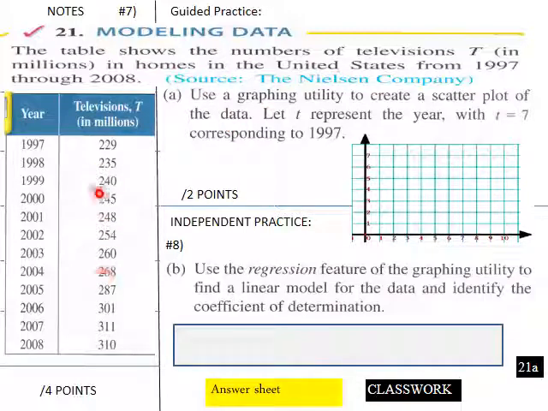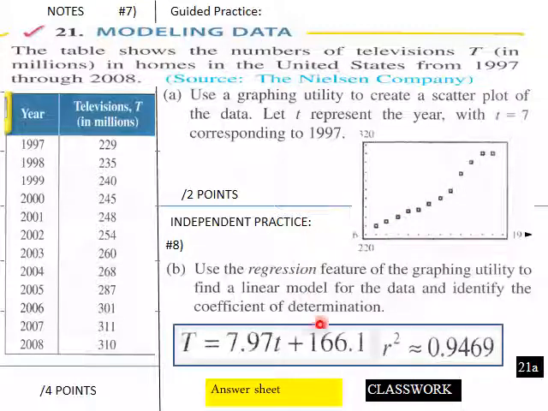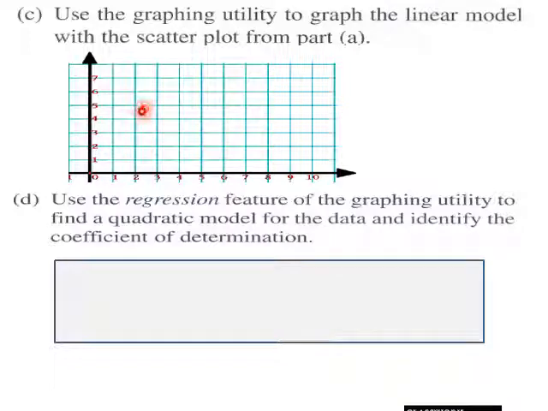Okay, again, we have another data set. We're going to graph it, create a scatter plot, and then use regression to come up with an equation. Here's the plot, and then this is a linear model for this plot. Our R squared number, the coefficient of determination, is 0.9469.